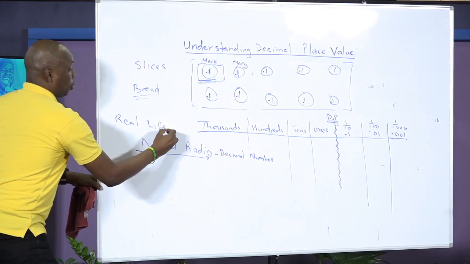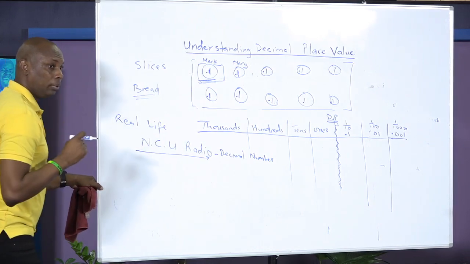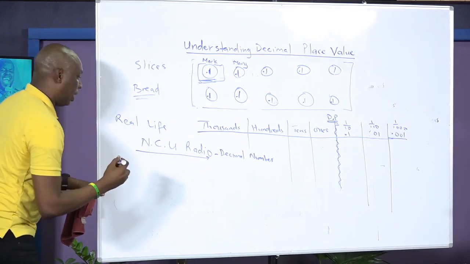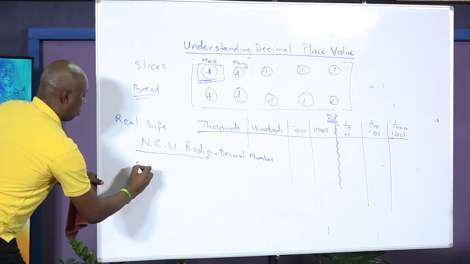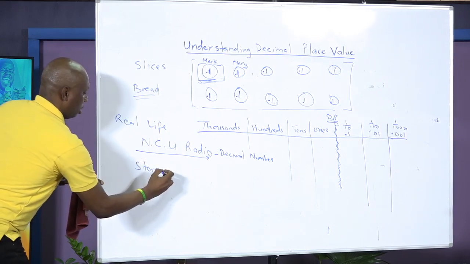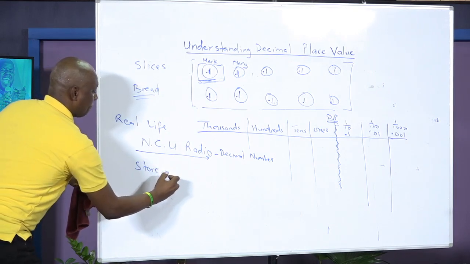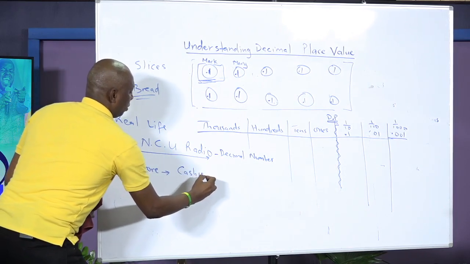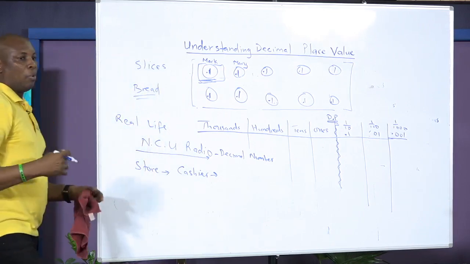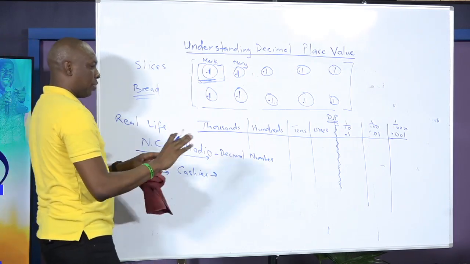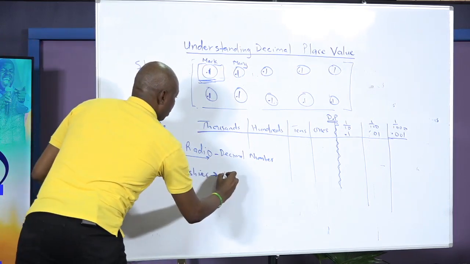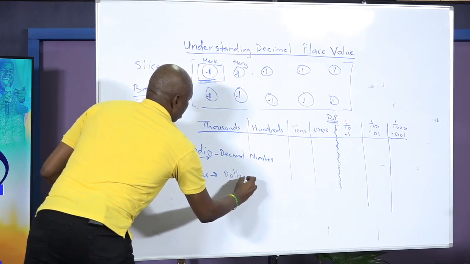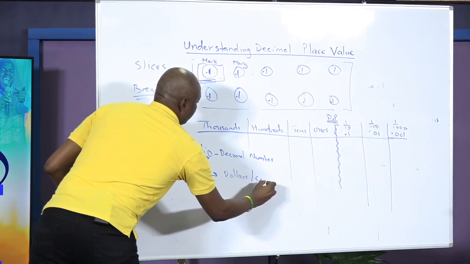Has anyone been to the store lately? When you're at the store, the cashier that is checking up your stuff, when she's adding up, you will see on the screen your dollars and cents.